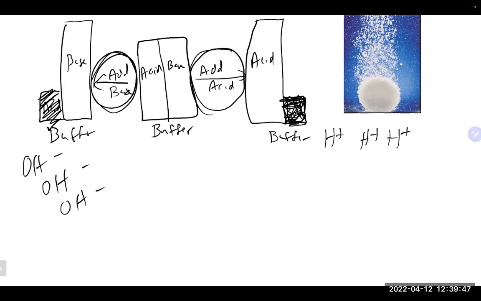We're going to do a whole lab on that. And it's really important. Like I said, if you make a buffer, let's say 0.01 molar, and you grab off the shelf the 18 molar acid instead of the 0.1 molar acid, and you dump a bunch of it in there, your buffer does not have enough moles in there to handle what you're dumping in, and it's just going to blow right through it. So it's really important, the concentration of your buffer, and also obviously the concentration of what you're adding to it.